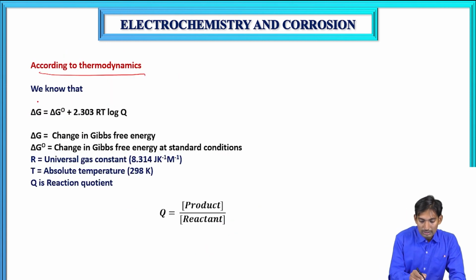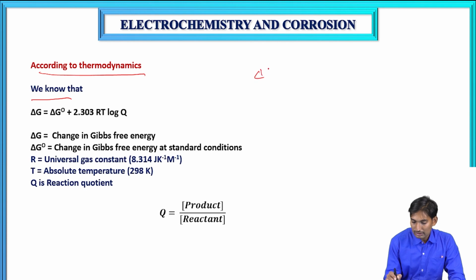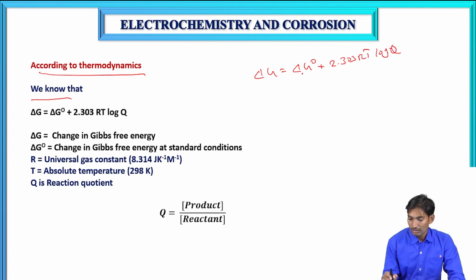According to thermodynamics, we know that delta G equals delta G naught plus 2.303 RT log Q. Here delta G is the change in Gibbs free energy, and delta G naught is the change in standard Gibbs free energy.